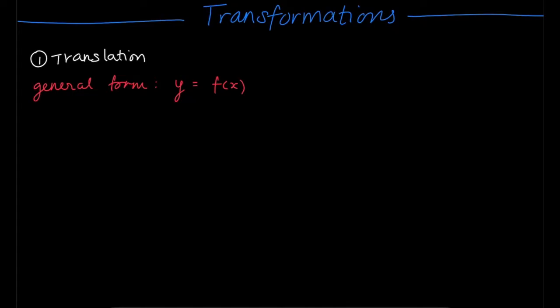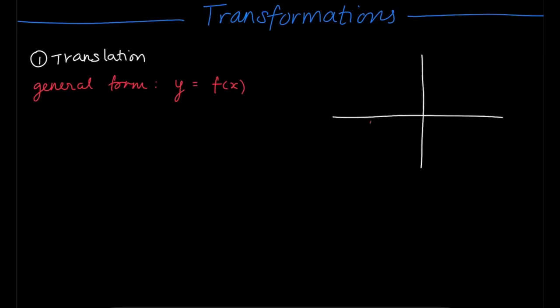That's how you would write a function. So in the section of translation, what we're basically doing is moving our graph. We're adjusting it and we're shaping it into something new. So let me draw a small graph on the right.